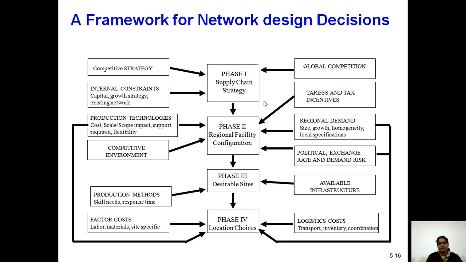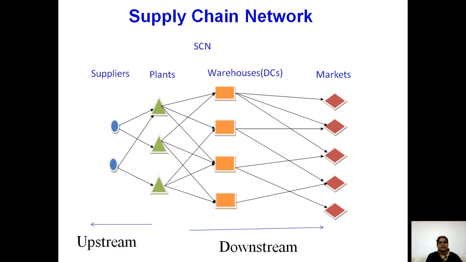Here, suppliers and markets are used in the generic sense. For any facility, the facility which is just left to it, from where it receives the material, is called a supplier, and the facility which is to the right of it, to whom it supplies the products or services, is called customer.